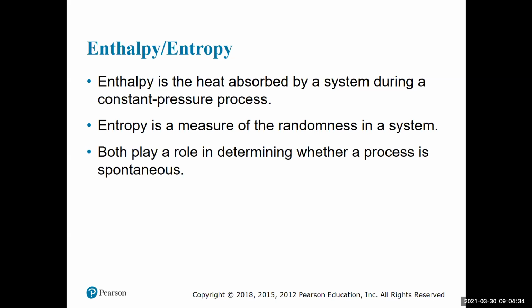And these two things, enthalpy and entropy, in other words, that heat flow and the randomness in the system, both determine whether a process is spontaneous. We're going to be more focused on chemical reactions, but really any process follows these rules.